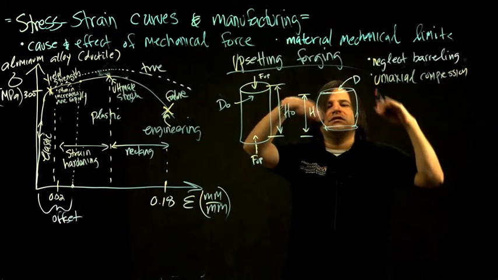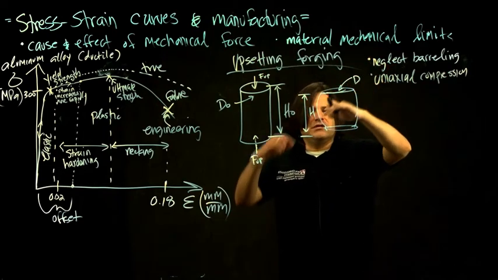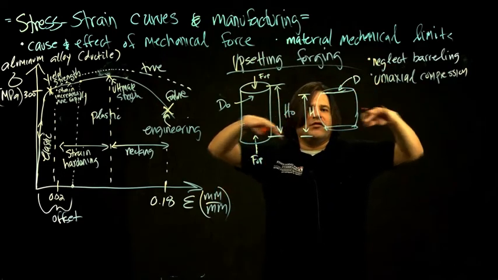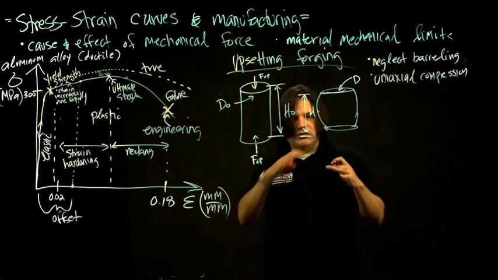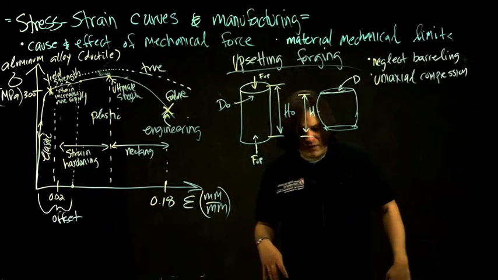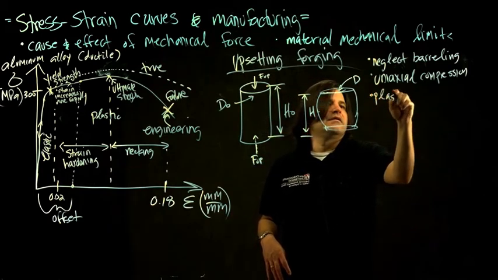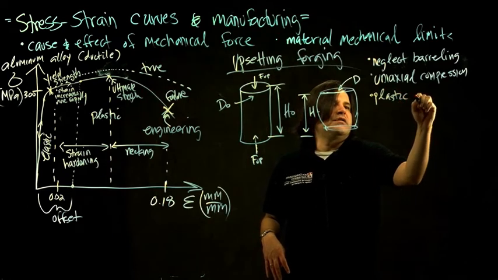This upsetting force is evenly distributed across, and the friction is enough to prevent the barreling, which is due to this distribution of stresses across the thing. And we're assuming that it's in plastic deformation.